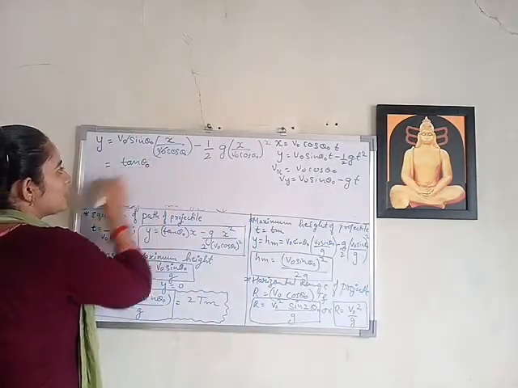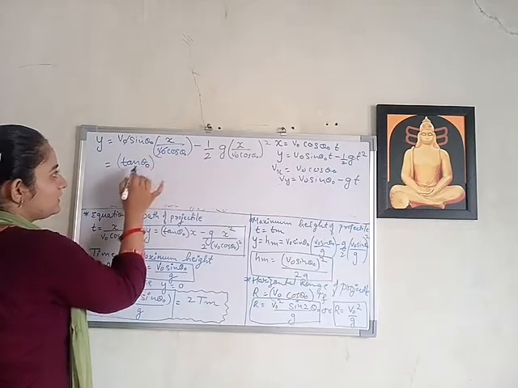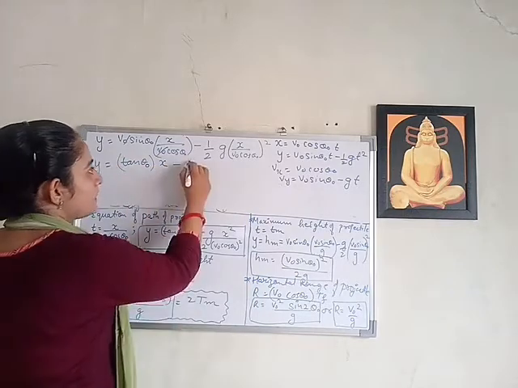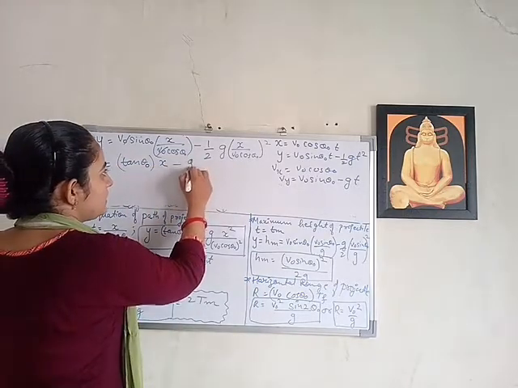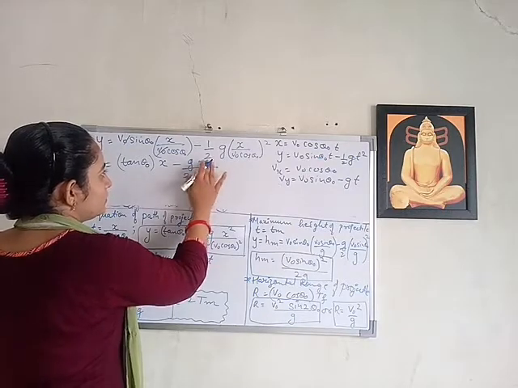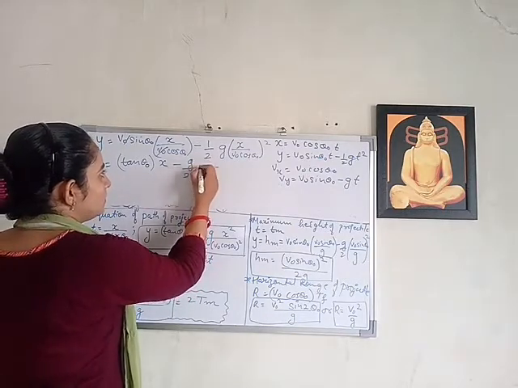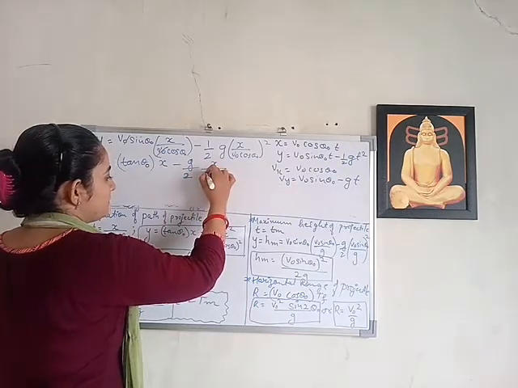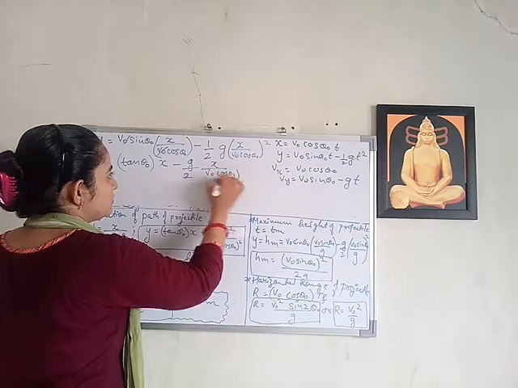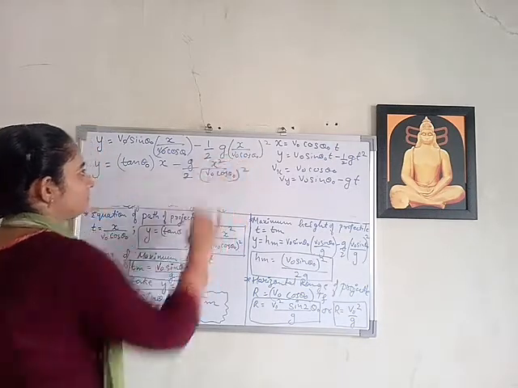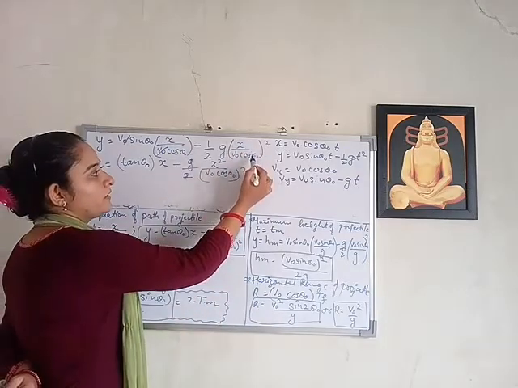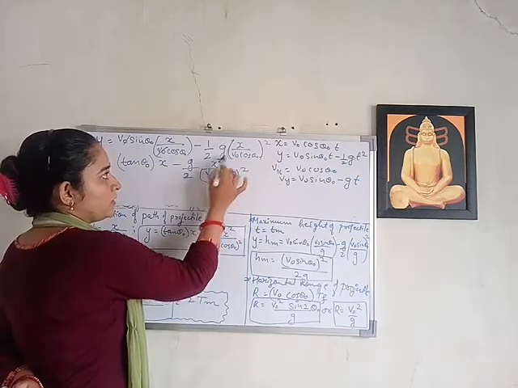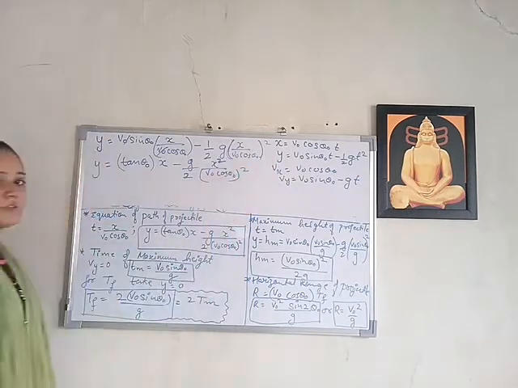Here theta is theta 0, so tan theta 0 into x minus g by 2 into x upon v0 cos theta 0 the whole square. Here numerator and denominator both have the whole square, so we have given numerator also square and denominator also square.